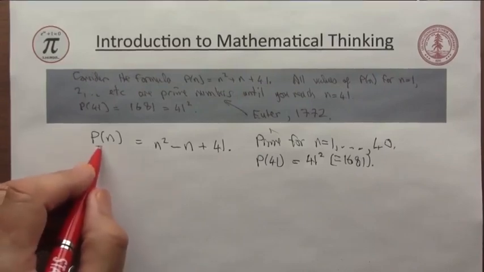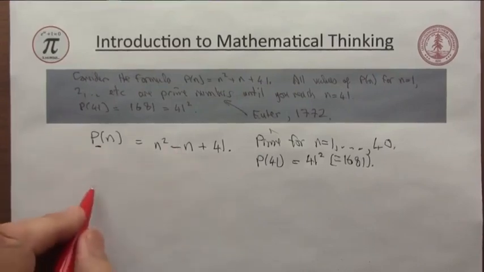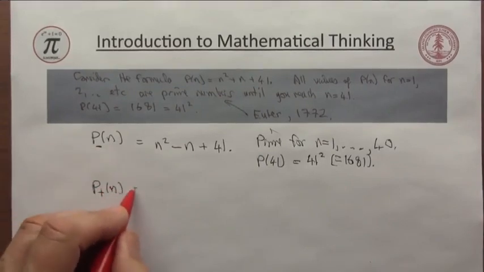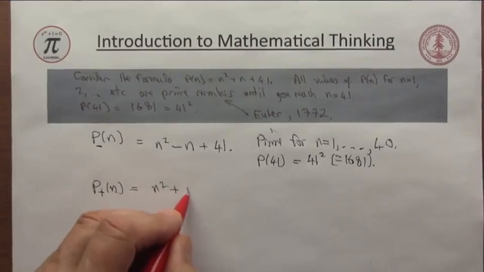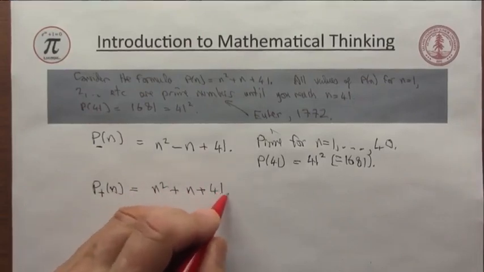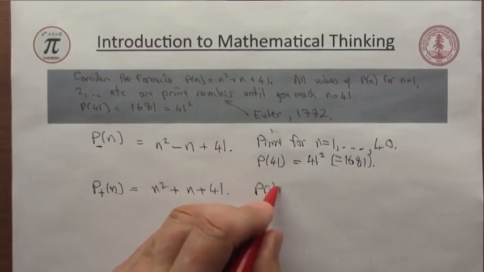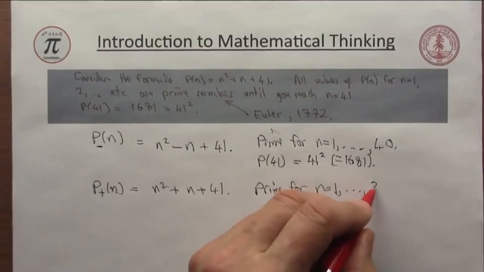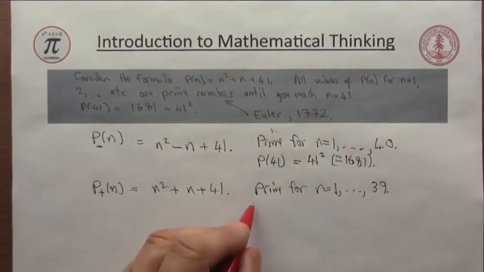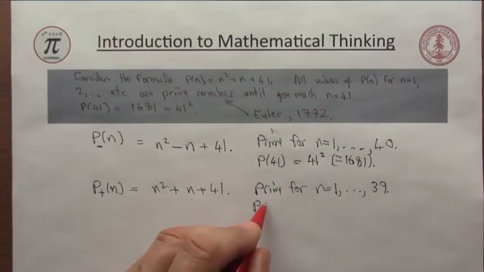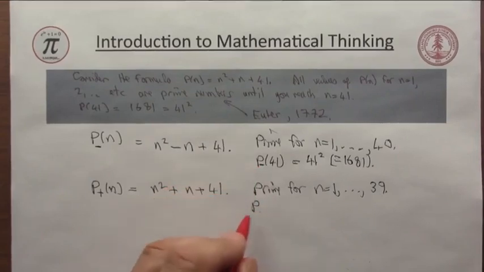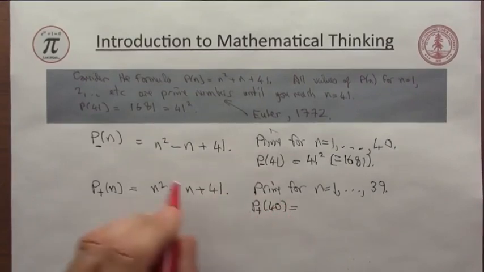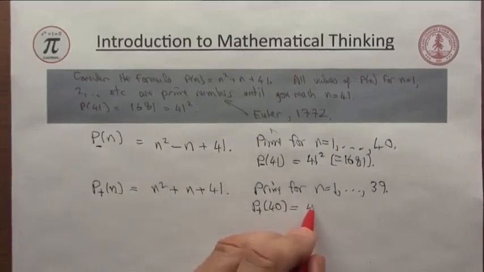Let me call that p sub minus to indicate that there's a minus sign here, because the polynomial I wrote down, I'll call p plus of n, was this one, n squared plus n plus 41. That one is actually prime for n equals 1 through 39, and if I put 40 in there, I get what?